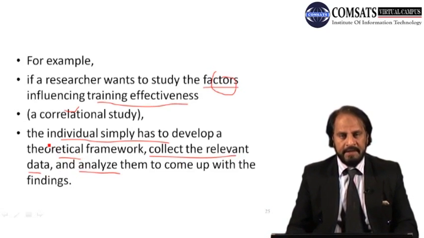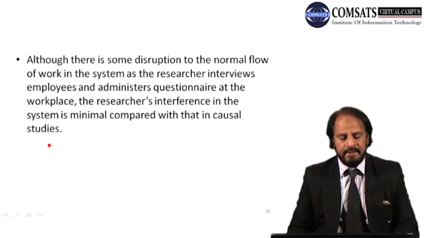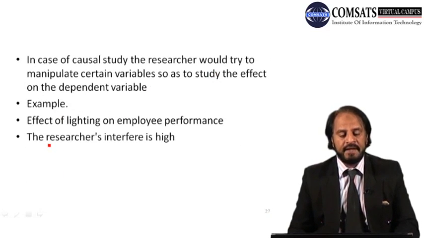Maybe it's not clear to you at this stage. Let's look at the other example, where we have the case of a causal study. In the causal study, as we said, what we tend to do is focus on just one variable and try to say that the change in the dependent variable is because of that one independent variable.